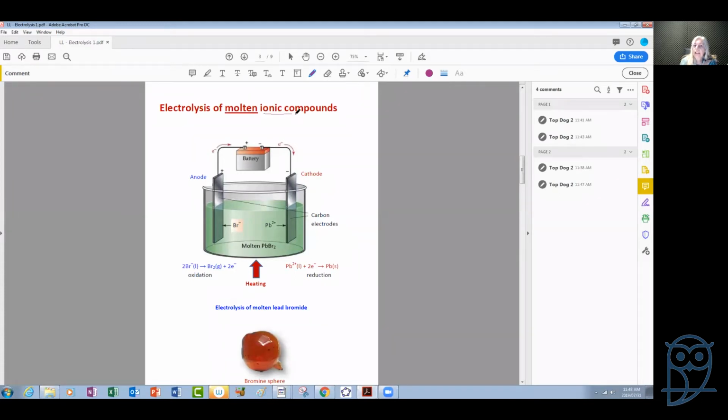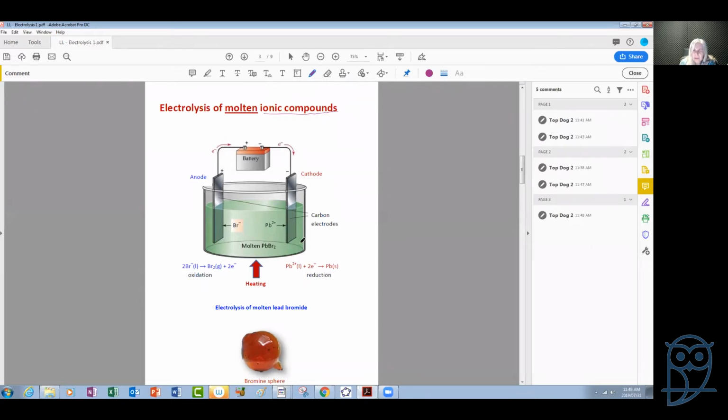This electrolyte in the electrolytic cell will be a molten ionic compound, which means it's not a solution in water or any other solvent. There is no solvent here. It's just an ionic compound which has been molten, like in this case, the compound you're usually going to see, lead bromide.